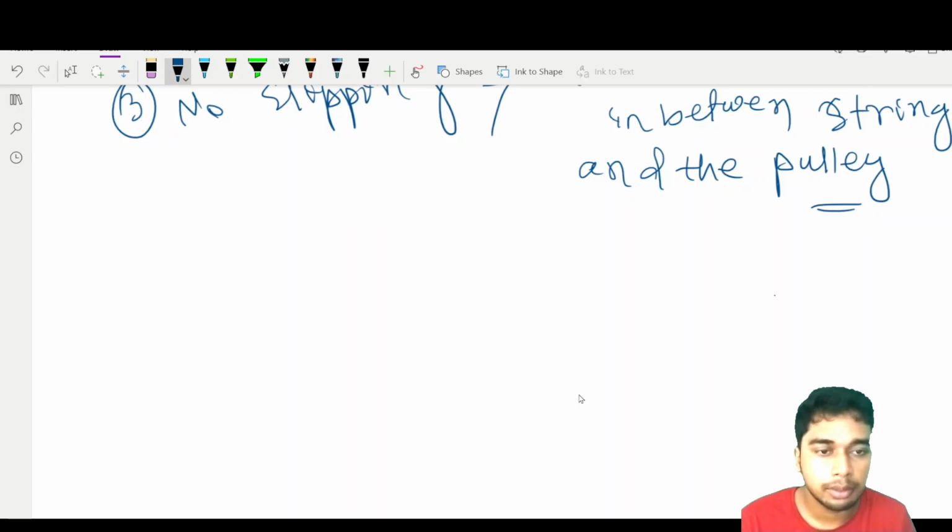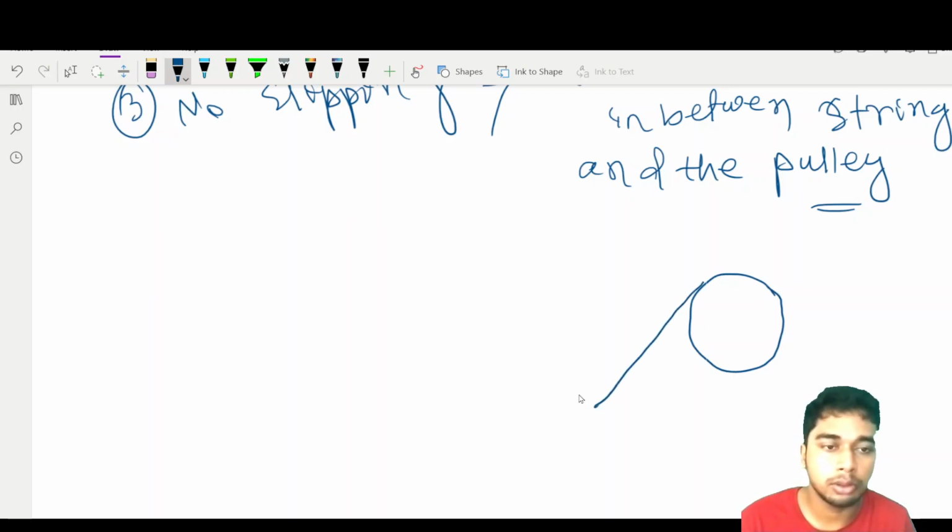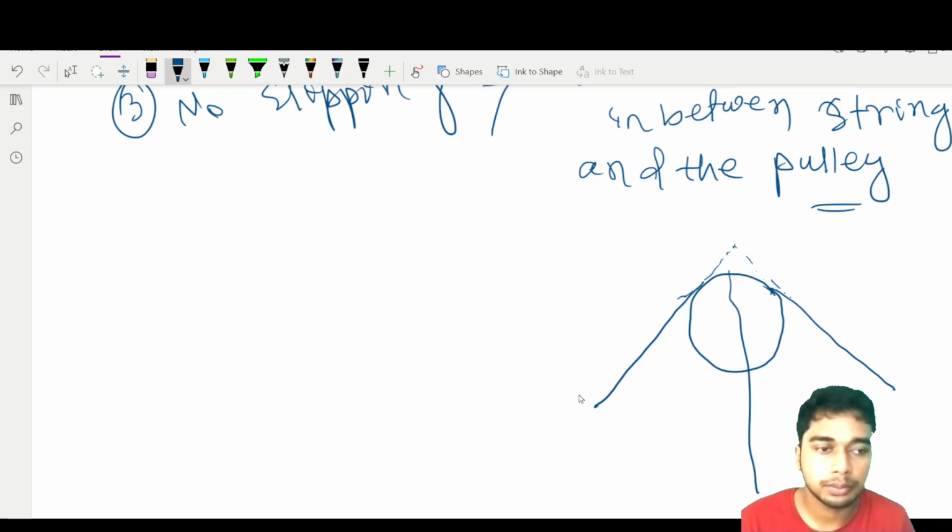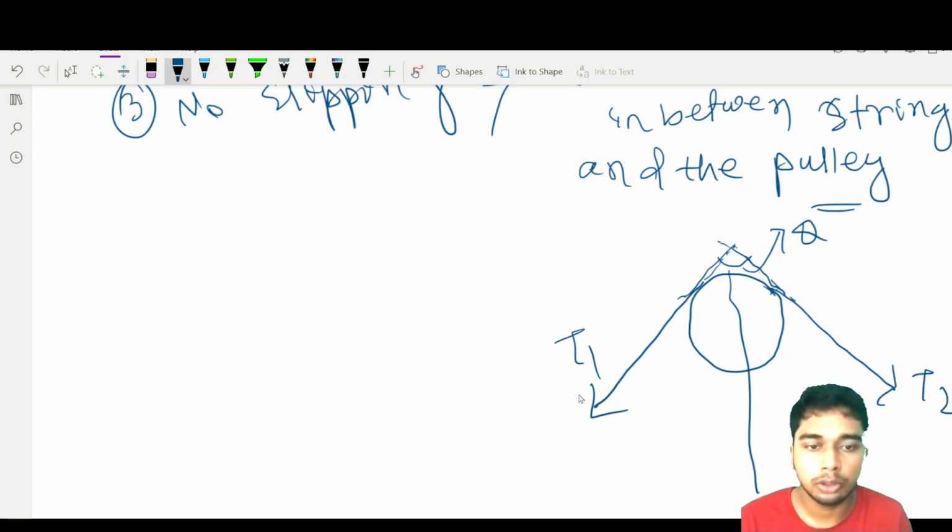For example, if I consider this pulley and the rope goes in this fashion, the rope makes an angle theta with each other. For example, this is T1 and this is T2. In this case, what will be the relation between T1 and T2?